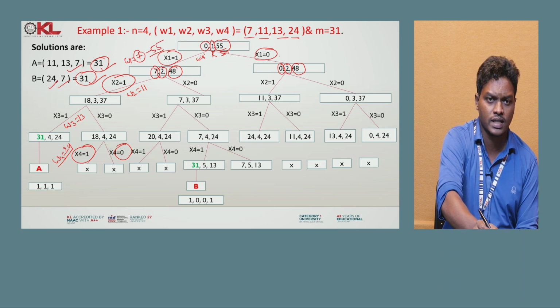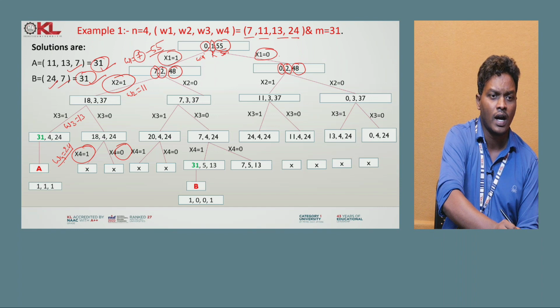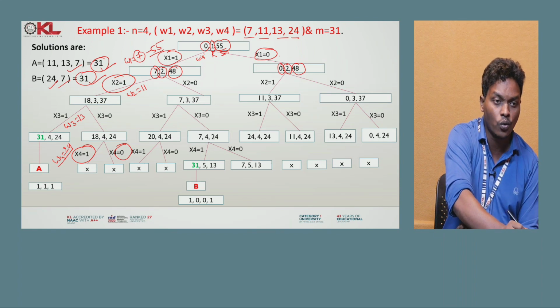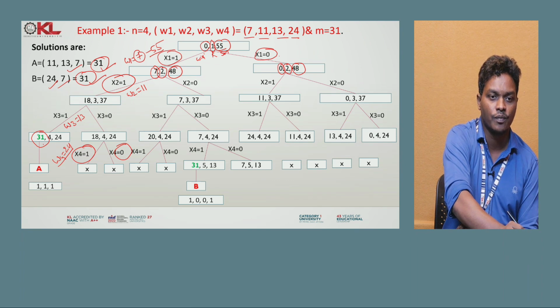If we follow the same methodology from top to bottom, ultimately we are going to get the desired sum value, that is 31. If we get this, this is one of the solutions.